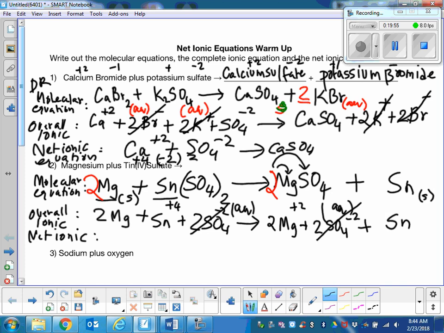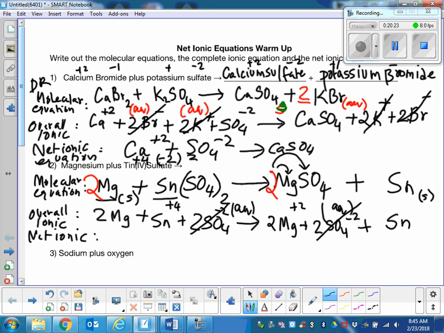If I find kids canceling 2Mg with 2Mg2 plus, that means they don't know the difference between an ion and a metal. They don't know the fundamental difference between what is a solid and what is dissolved. Can you dissolve something that's a solid with something that's aqueous?